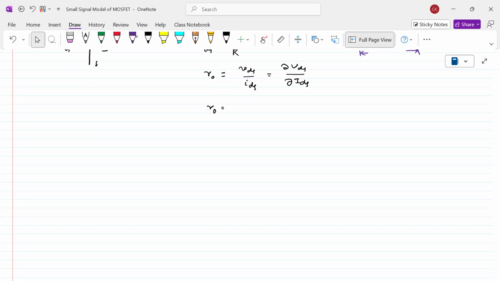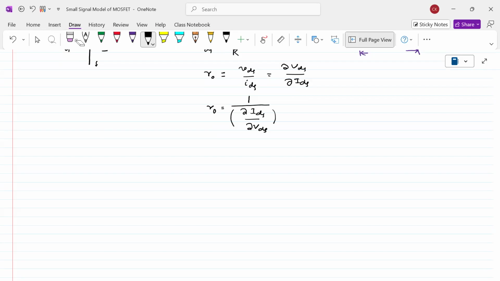Am I right or not? Therefore, we write 1 divided by dou IDS divided by dou VDS. Can I write like this? Right. Okay.